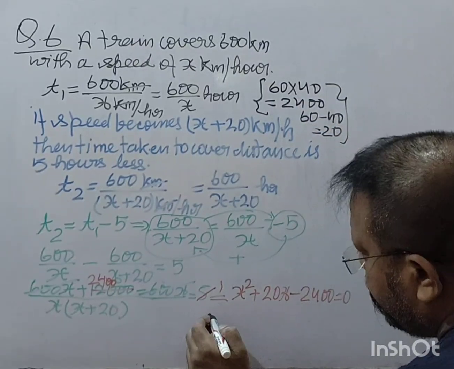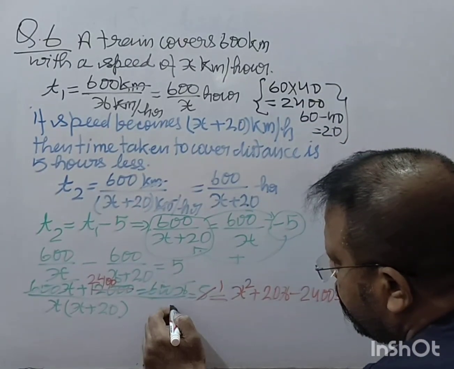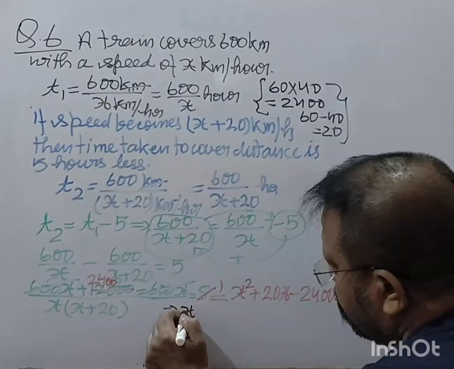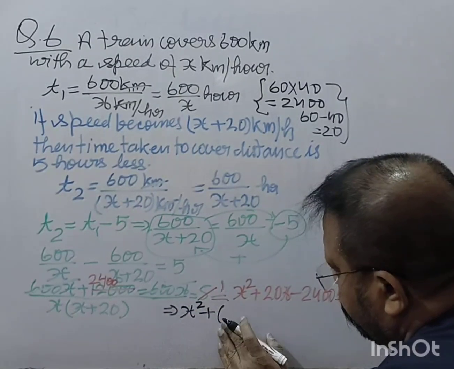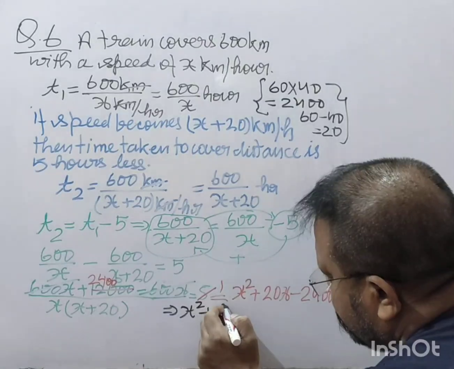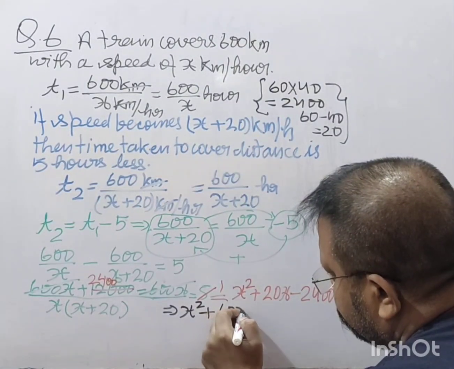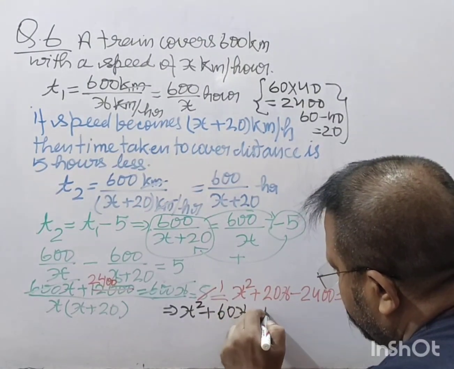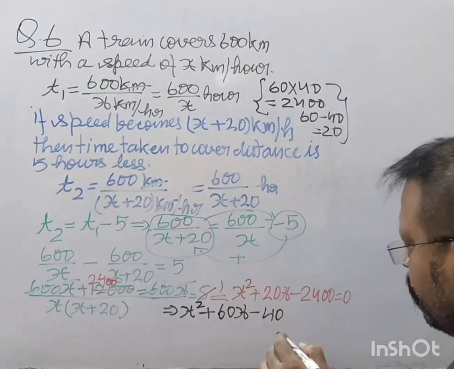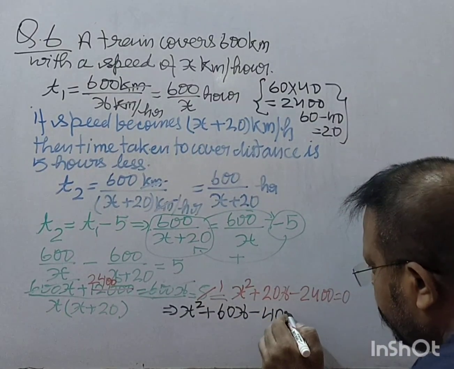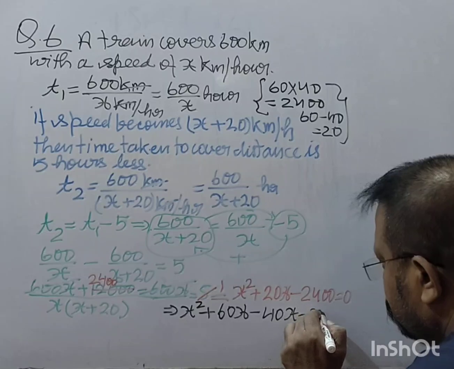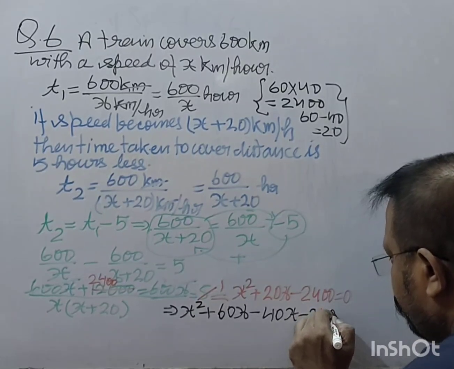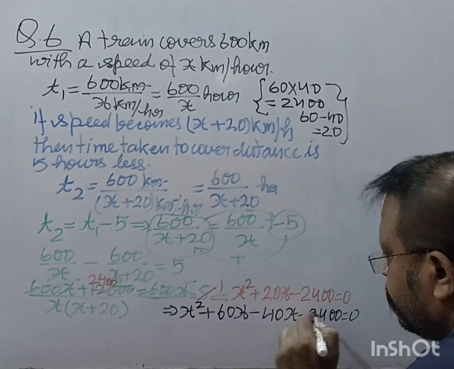So what we can write here? We can write here x square plus 60x minus 40x minus 2400 is equal to 0.